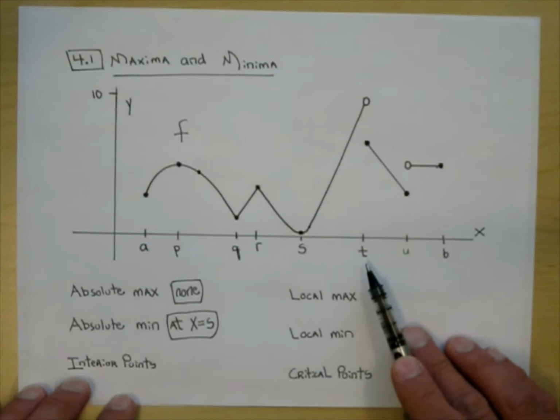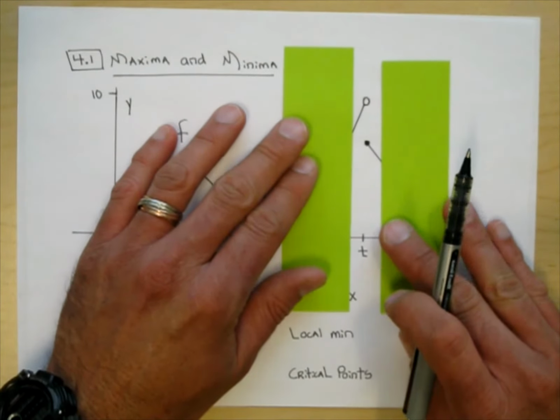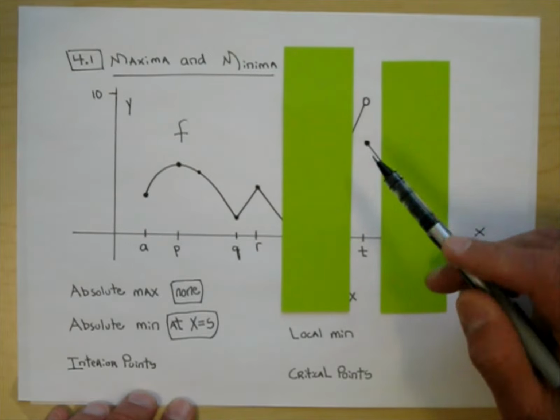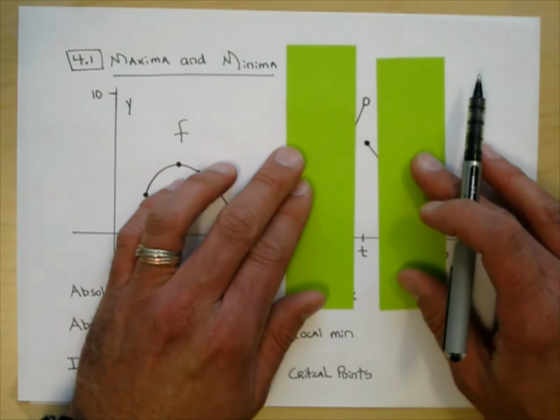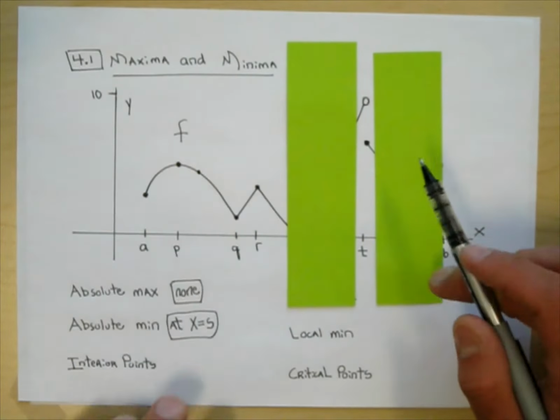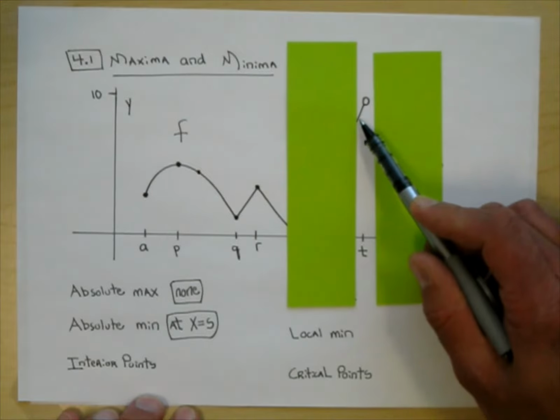Now, is T an interior point? The answer is yes, because T has function defined on both sides. It doesn't matter, we can make the neighborhood really small. It has function on both sides. It's defined on the right and it's also defined on the left, which is up there.